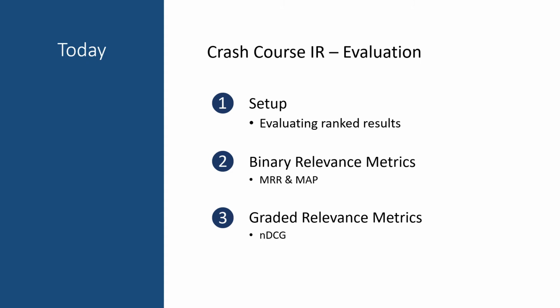Then we're going to talk about binary relevance metrics, so if we have a label that tells us whether a document is relevant or not relevant, how we can evaluate a ranked list based on that. And then to take it one step further, because of course there are different kinds of relevance, we are going to look at graded relevance metrics and specifically nDCG.